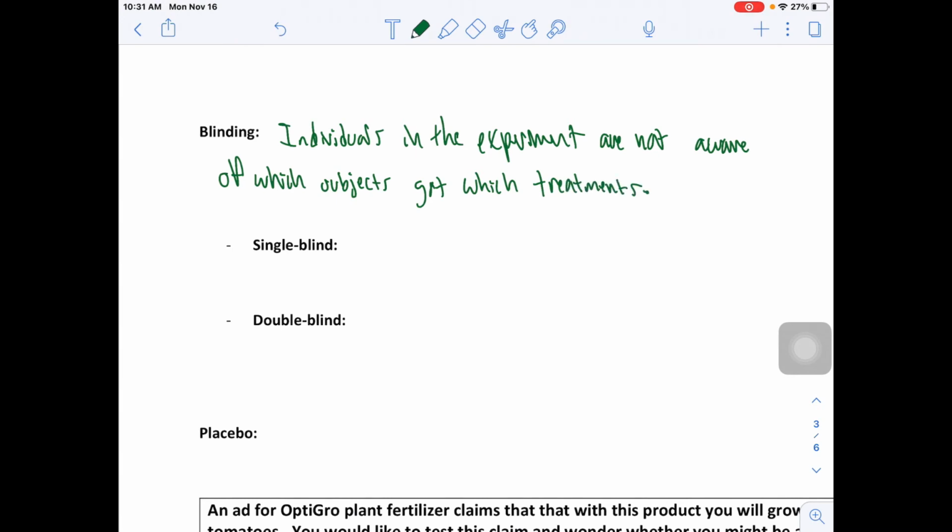So blinding, again, we're kind of unaware which subjects got what treatments.